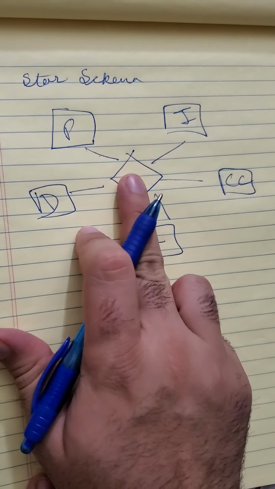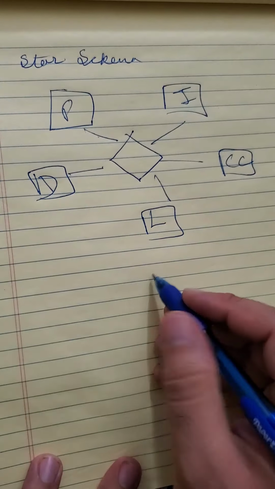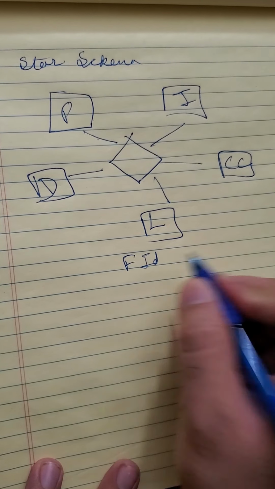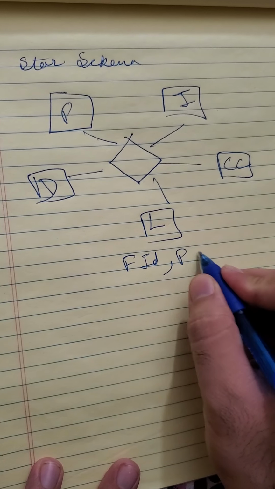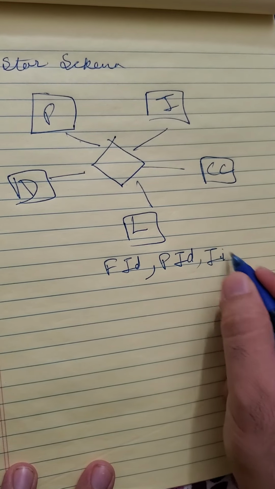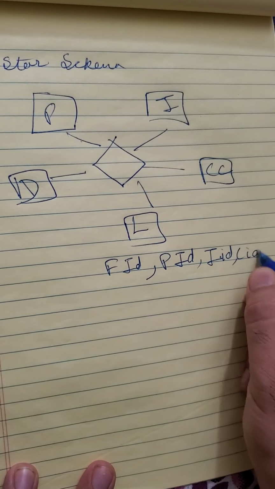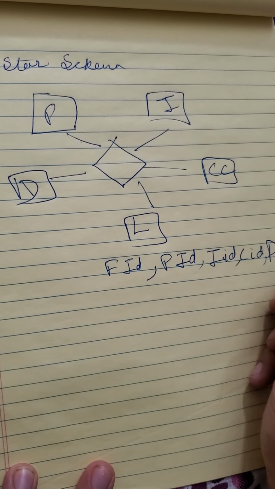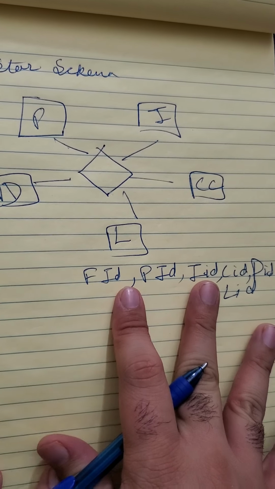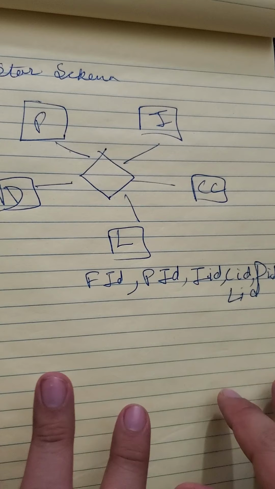So this fact would be a table which will have a fact ID, a basic ID. It will have a PID, an insurance ID, a credit card ID, a doctor ID, and an LID. So that way, this fact has its links connected to all the tables.